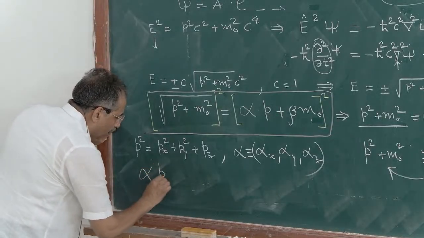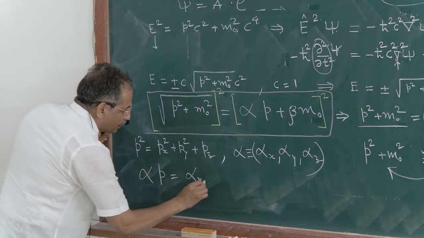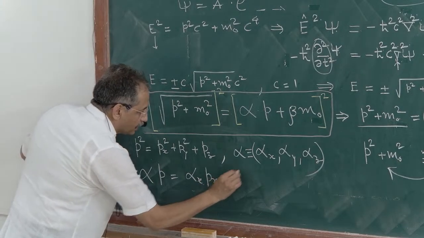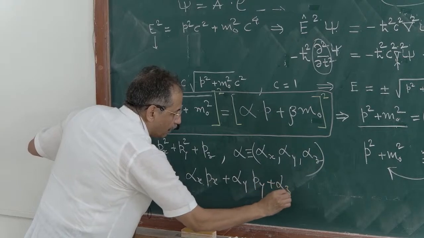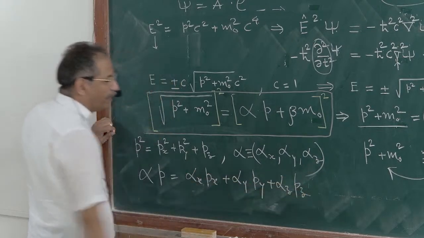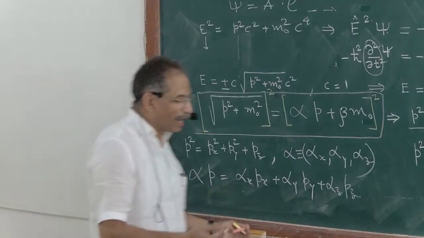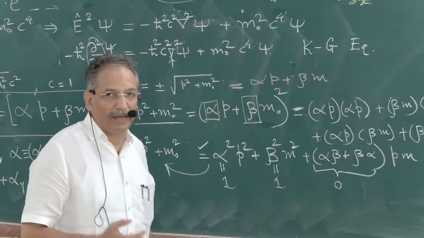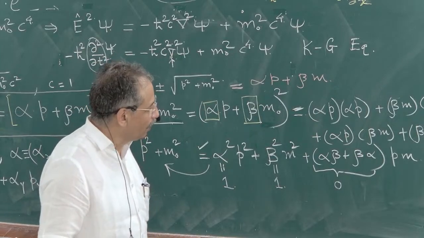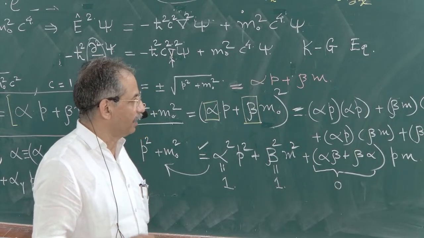So alpha into p should be alpha x px plus alpha y py plus alpha z pz. So this is a bit complicated situation. We'll just try to unfold that, and I'll be able to very appropriately communicate to you what Dirac has done.